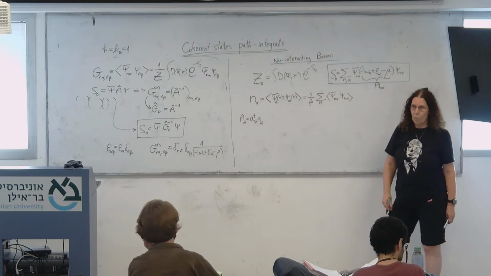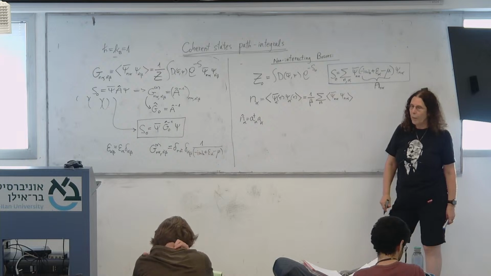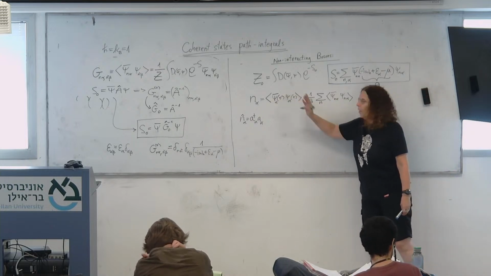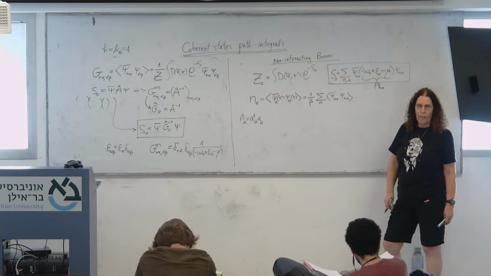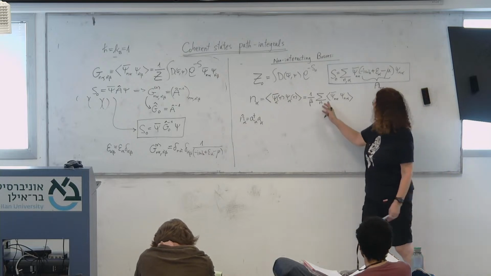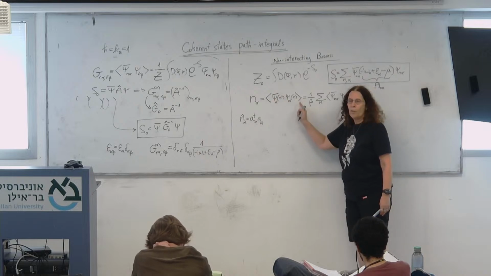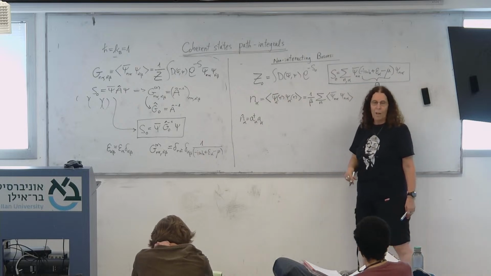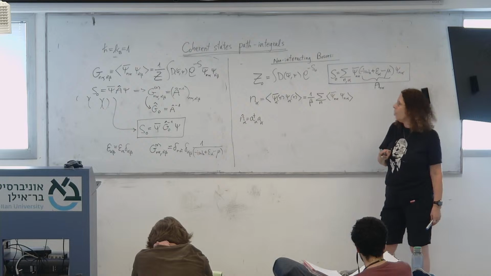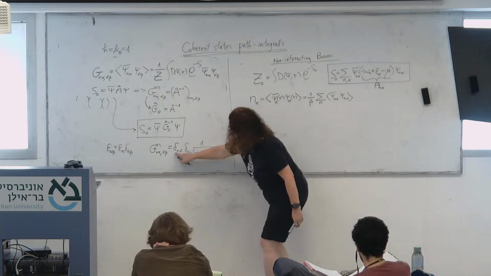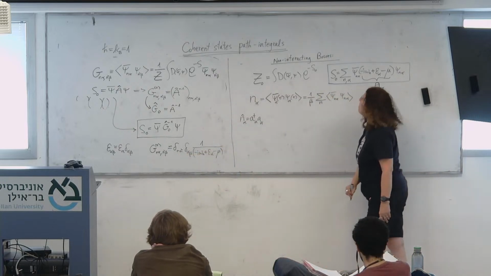Okay? This is what it is. And I get this by just plugging in the Fourier transform, the Fourier expansion, and there is a delta when I take the expectation value because the Green's function is diagonal, okay? It has this delta, okay?